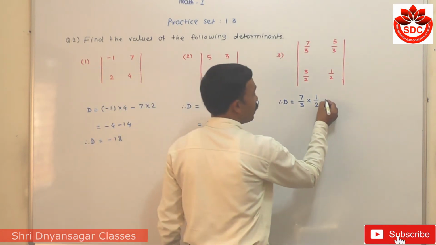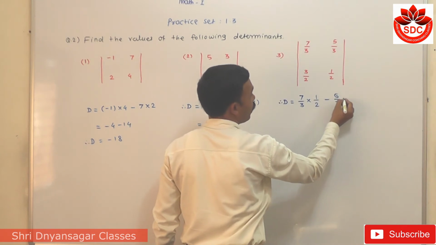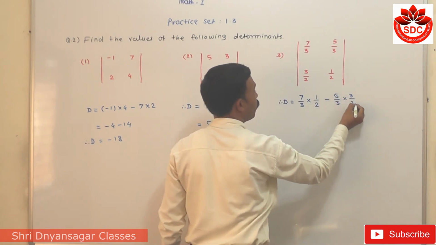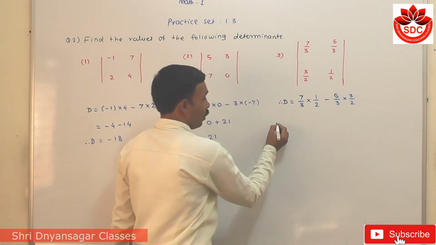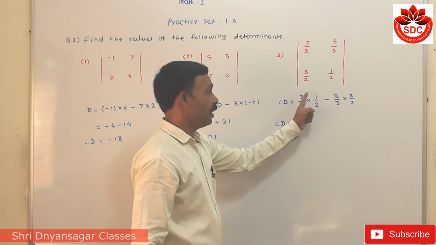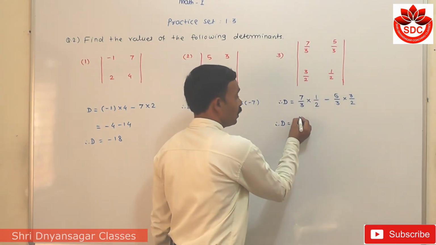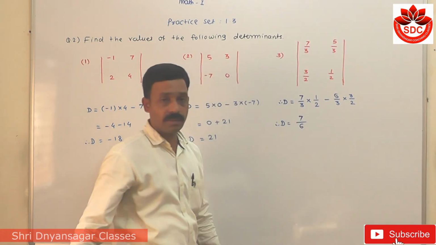Then minus sign, then use this product, meaning 5 upon 3 into 3 upon 2. Then we know the rule of the cross product: multiply numerator to numerator, meaning 7 ones are 7, and denominator to denominator, meaning 3 twos are 6.